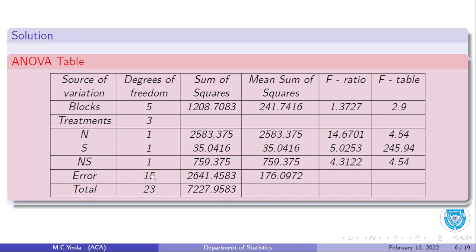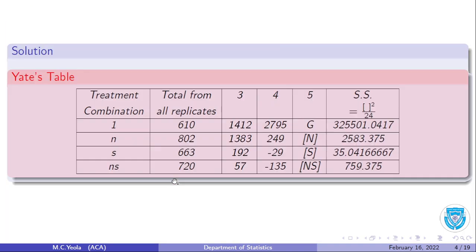Error degrees of freedom we get by subtraction here. So we get here 23, 24 minus 1 we are having 23 here, 23 minus this 5 minus 3 here. So 23 minus 8 we are having 15 here. So such a way we get this as 15 value here, or you can have this as b into r minus 1 here. Sorry.